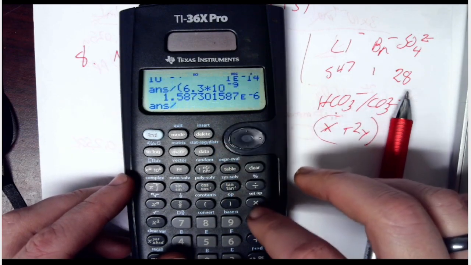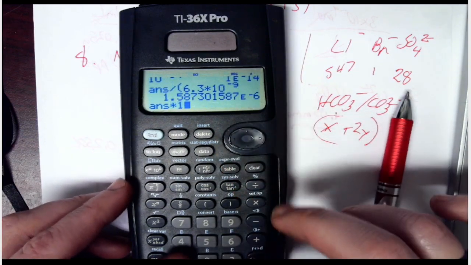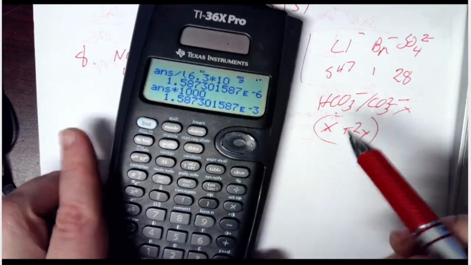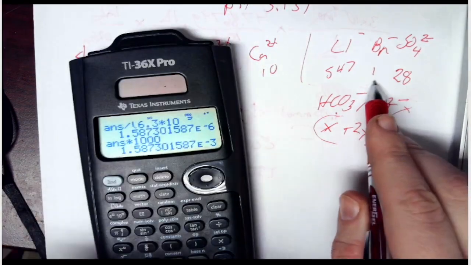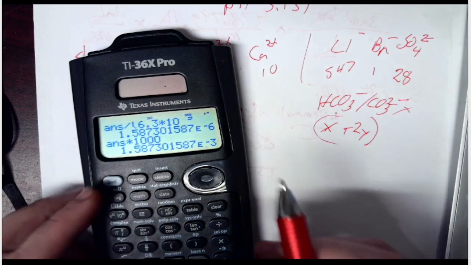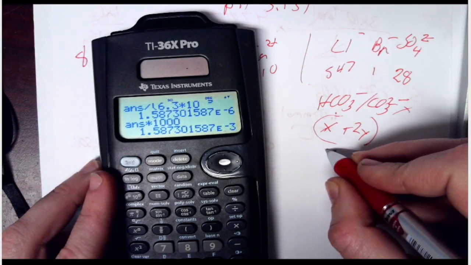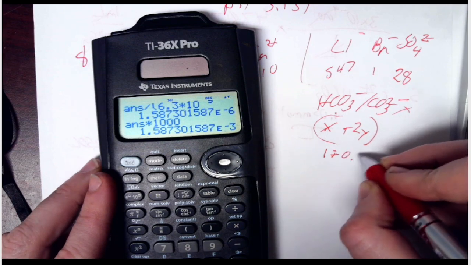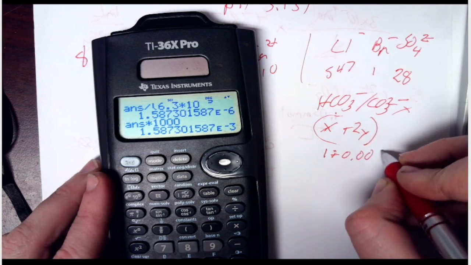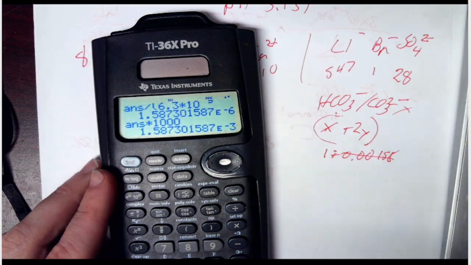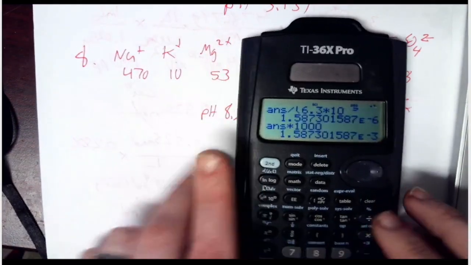Even if I multiply by 1,000, that's a rounding error compared to all these. Bromide of 1 minus, that's 1 plus 0.00158, a rounding error.